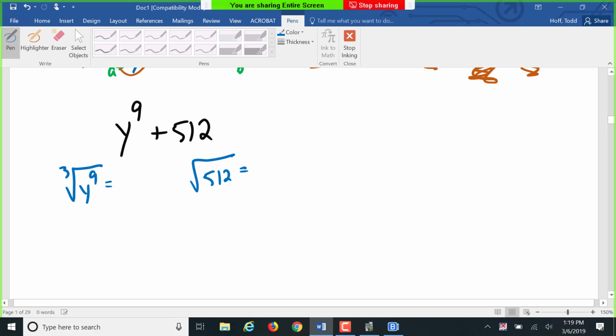So what is the cubed root of y to the ninth? You divide the power by 3. Y to the third. What's the cubed root of 512? 8. So we have a equals y to the third and b equals 8.